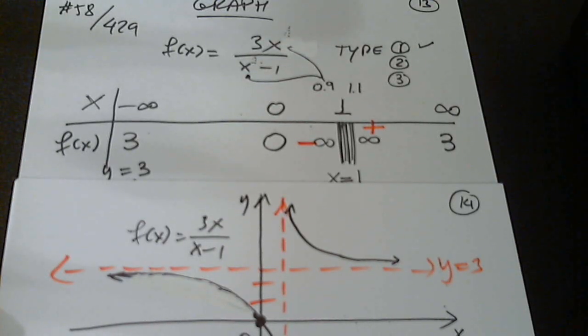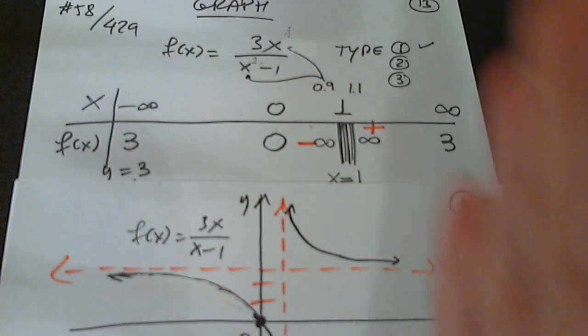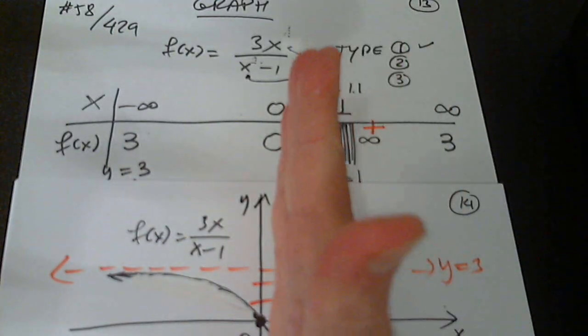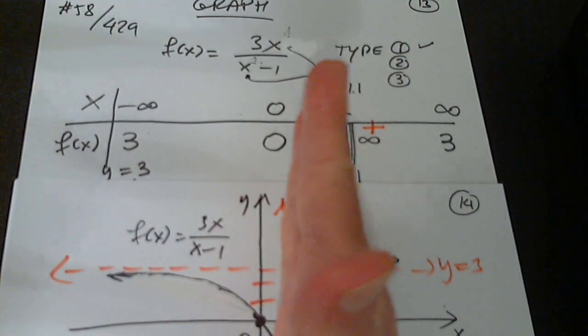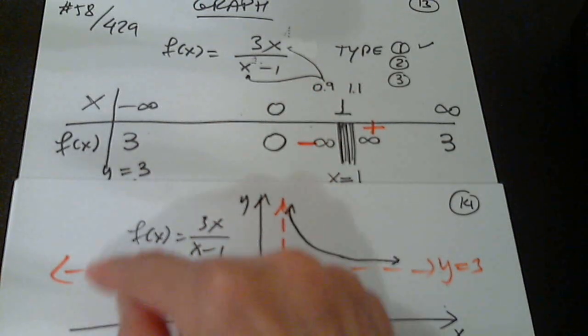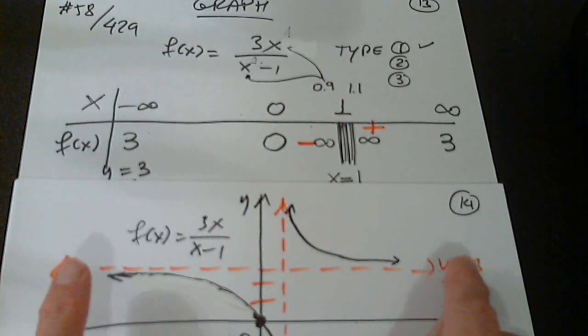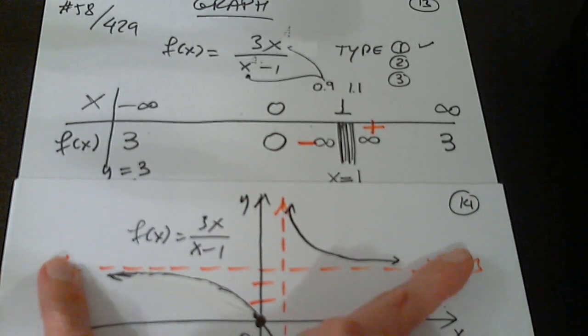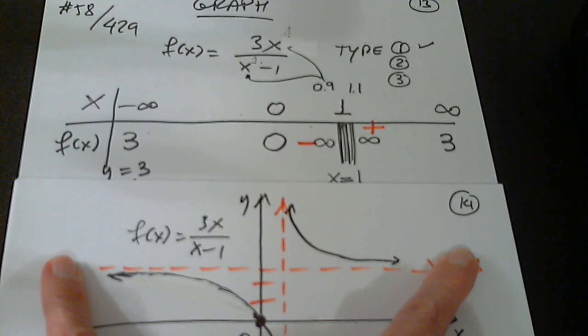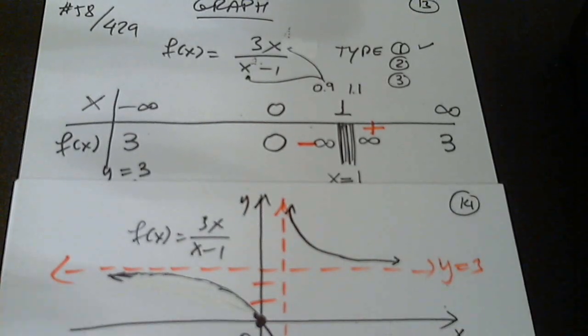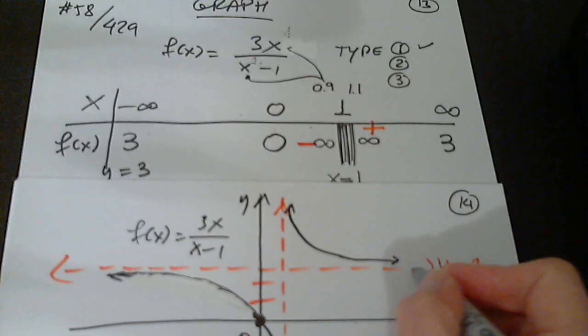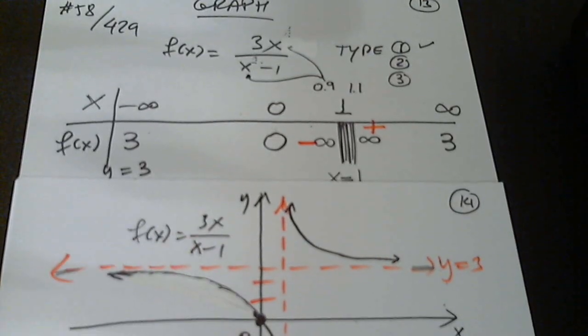Now, a rational function will never cross the vertical asymptote, but it may cross the horizontal. The horizontal asymptote is basically talking about the end behavior. But I cannot graph a line by graphing this piece and graphing this piece.